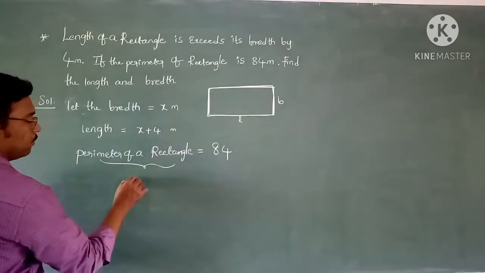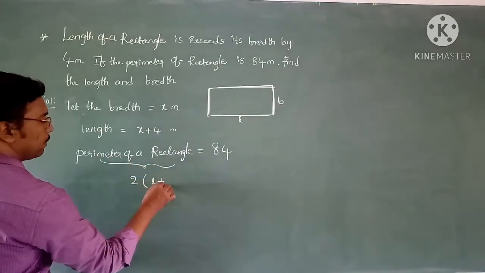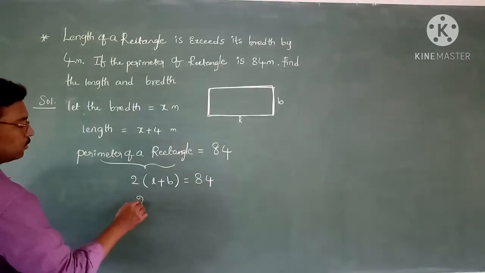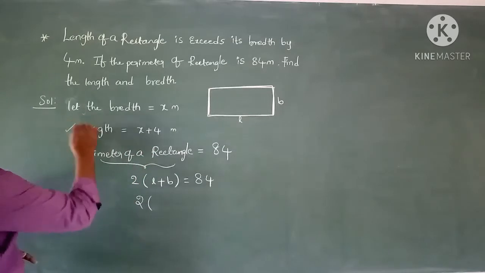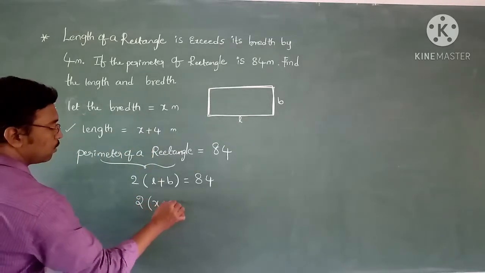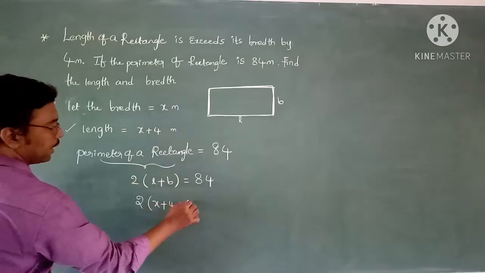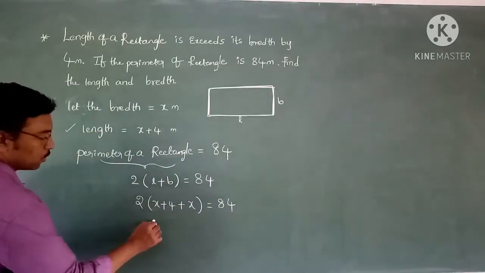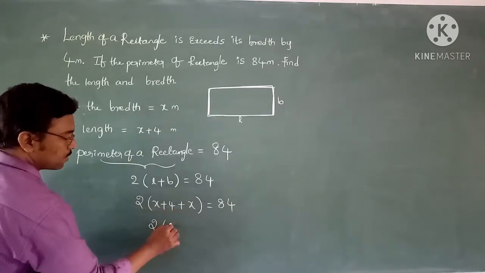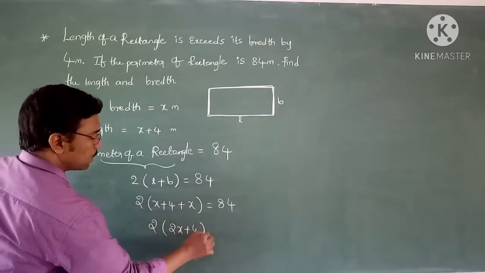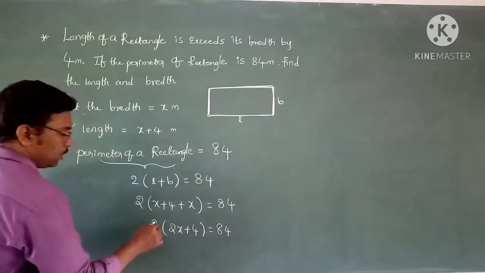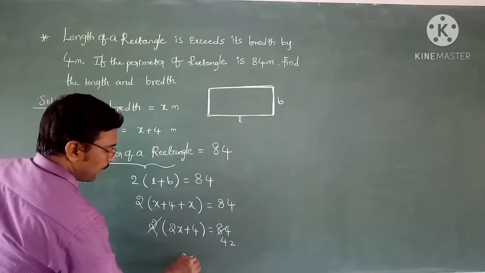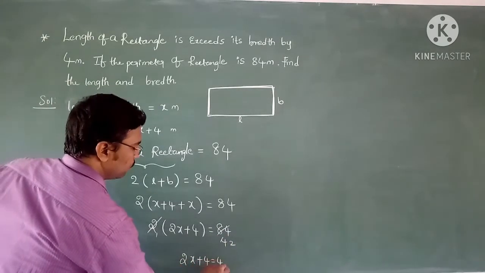Perimeter of a rectangle, 2 of L plus B is equal to 84. 2 of length, which is x plus 4, plus breadth, which is x, bracket is equal to 84. So 2 of x plus x, 2x plus 4 is equal to 84. 2 1s are 2, 4s are 8, 2 2s are 4. So 2x plus 4 is equal to 42.